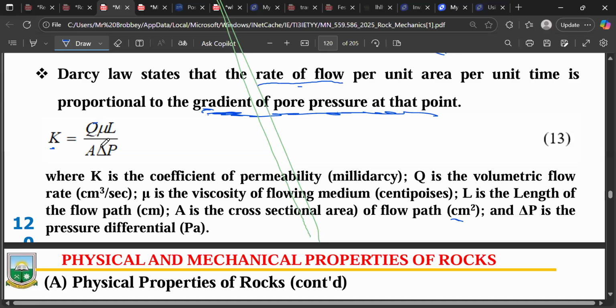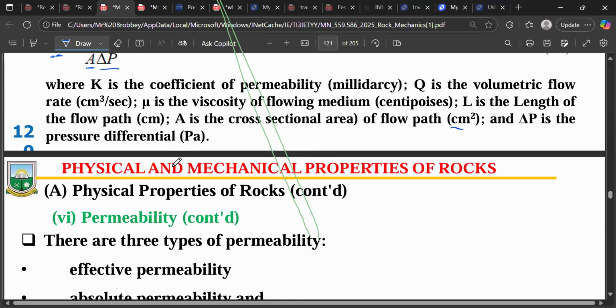It allows much water to flow through per time, and the viscosity of the flowing medium is higher, and then the length to which it is traveling or the gradient which it is traveling is much more favorable. That is why we are going to say when K is higher, right? And then if K is lower, that means that the change in pressure is also higher, right? As the formula is depicted.